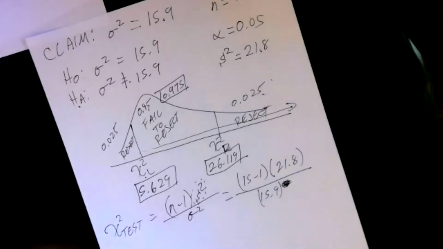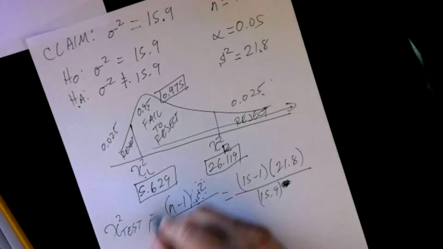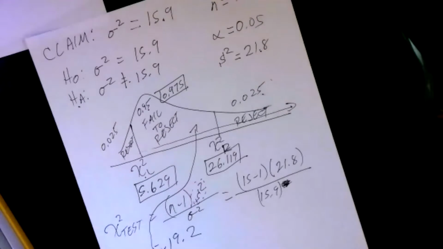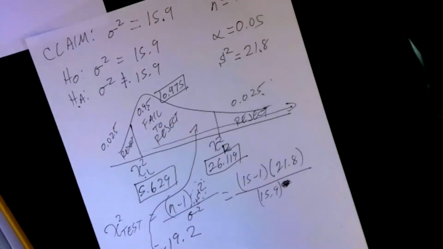Do not square that. That gives 19.2, which is going to land in the center. It's between 5.6 and 26.1. Therefore, we fail to reject the null hypothesis.